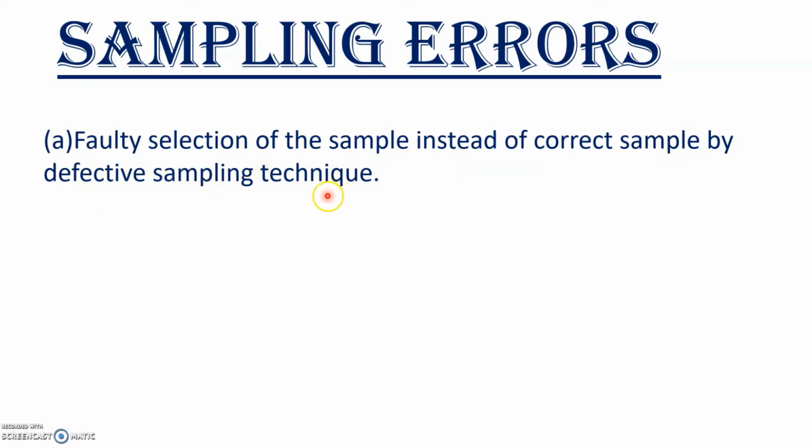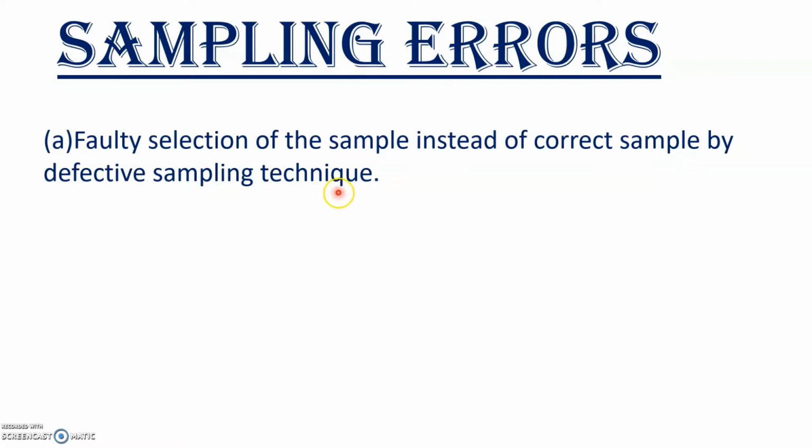We have seen there are many types of sampling techniques. There's simple random sampling using the Fisher's table, or you also have stratified random sampling, and systematic sampling. If any of these sampling methods is used in an inappropriate place, that can be a sampling error.